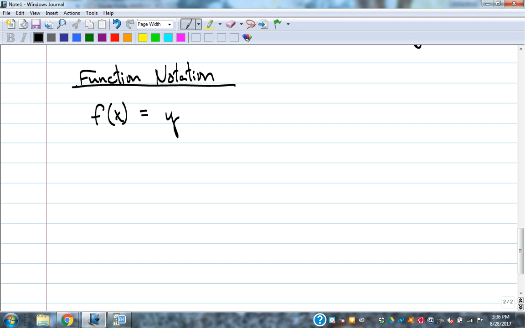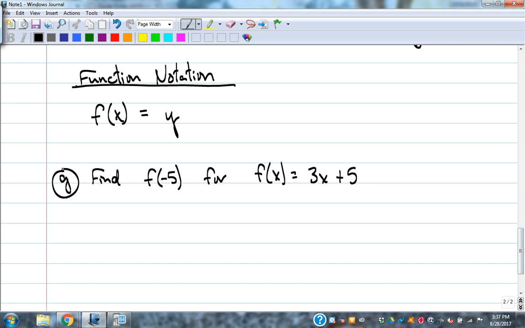So it's like creating an ordered pair. So if you had, for example, we want to find f of negative 5 for f of x equals 3x plus 5, something real basic here. What that means is it says, okay, f of negative 5. Negative 5 is now the what? X value, okay? So we're finding the y value for when the x is negative 5.